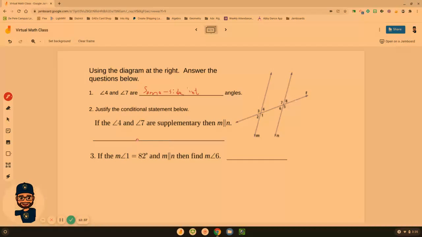So if we know that angle 4 plus angle 7 are supplementary, then we can conclude the lines are parallel. What allows us to say that? The same side interior angle theorem.